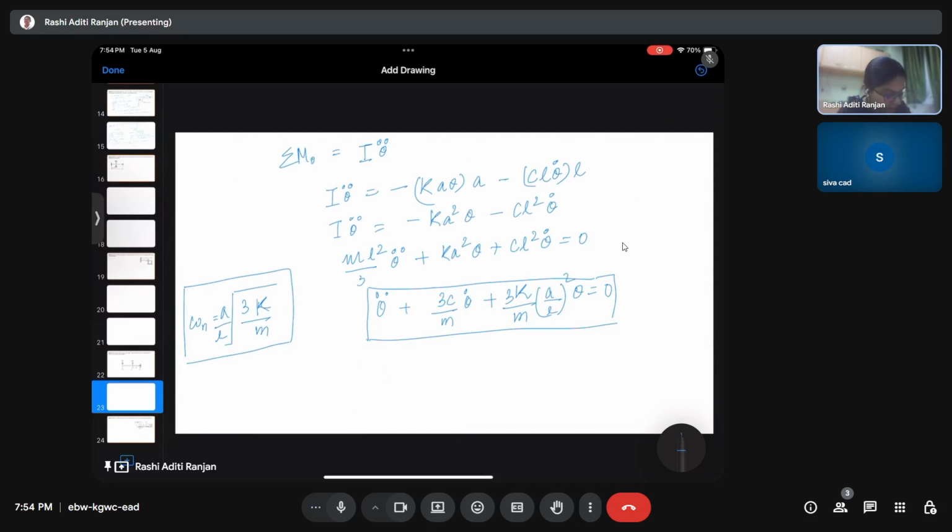Firstly, we'll write 3c by m is equal to 2 eta into omega n. This implies 3c by m is equal to 2 eta into a by l, under root of 3k by m.